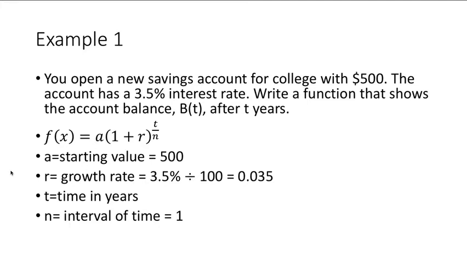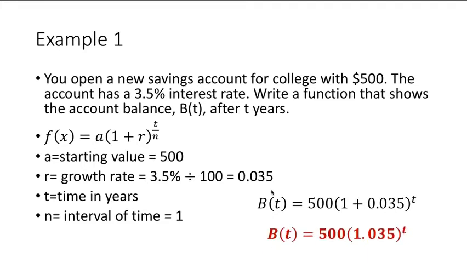So if we fill in our function here using b and t instead of the x and the f, we will get b of t equals 500 times 1 plus 0.035 to the t, or simplified, b of t equals 500 times 1.035 to the t power, where all we did there between this point and this point was add together that 1.035 to the t, and that is the final function we'd be able to use.